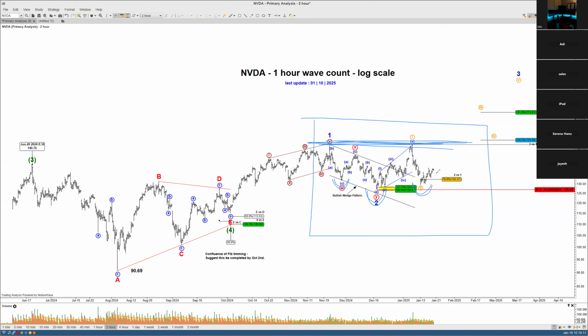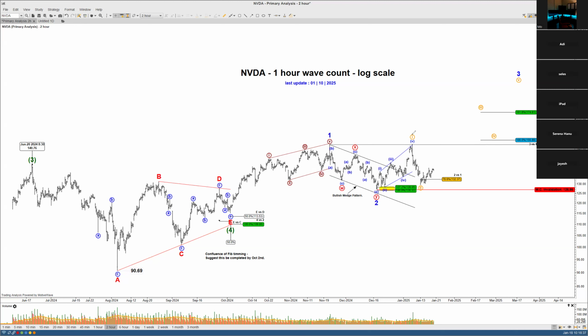And then from here, the probability is that Nvidia makes a push higher, as long as this holds. That's one pattern that I can show you here.